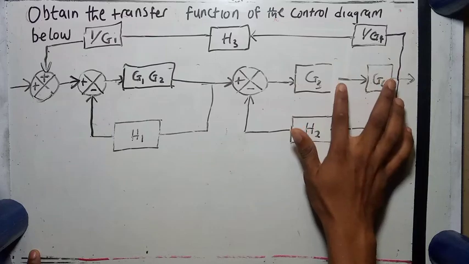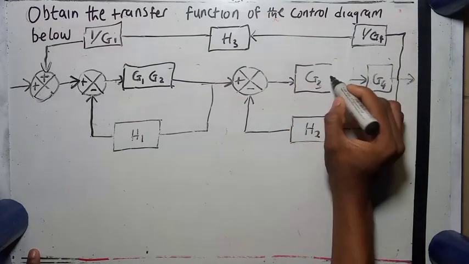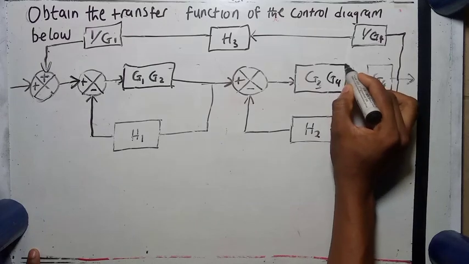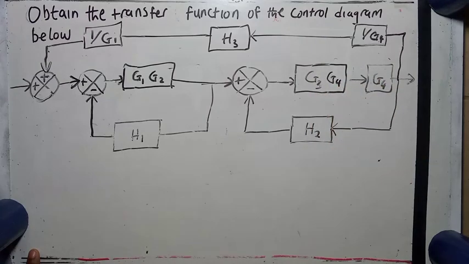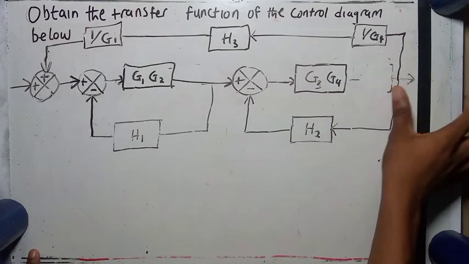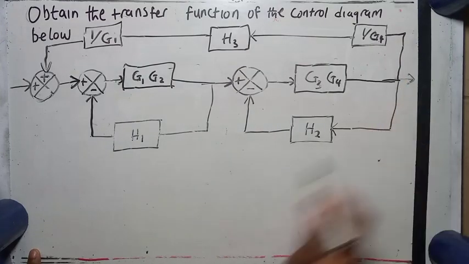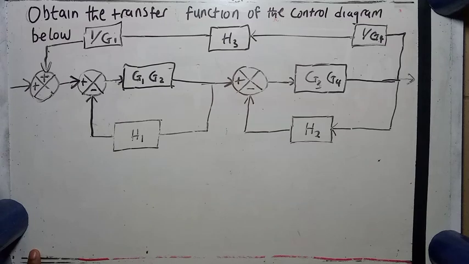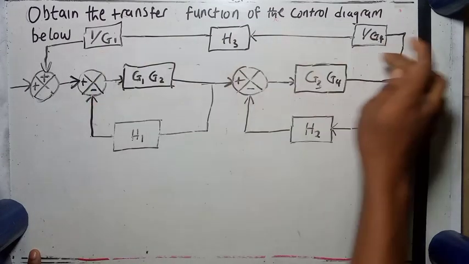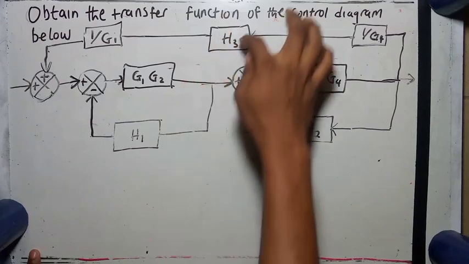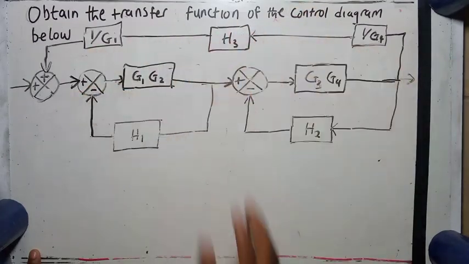Now this over here, G4. Now we're having G1 over G1, 1 over G4. If we multiply the two of them, we're having 1 over G1, G4. But this one doesn't have 1 over. So this one will be the numerator, while this one will then be the denominator.